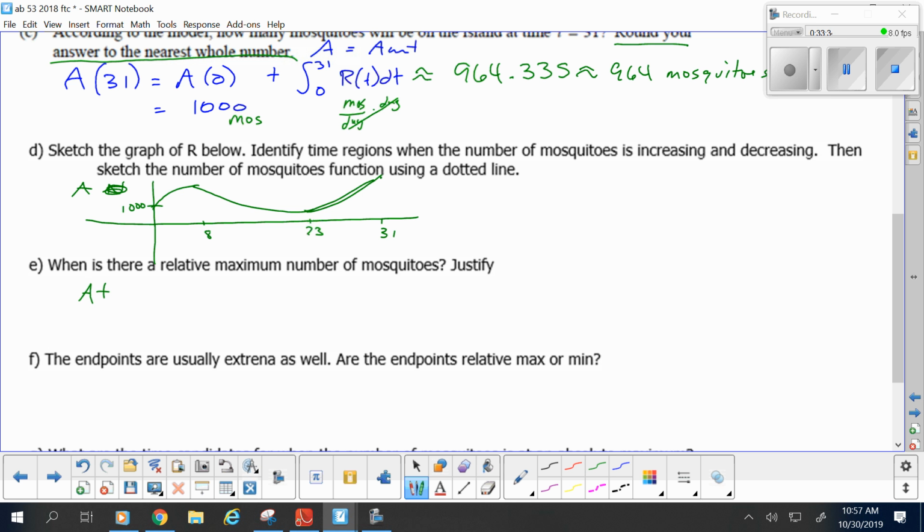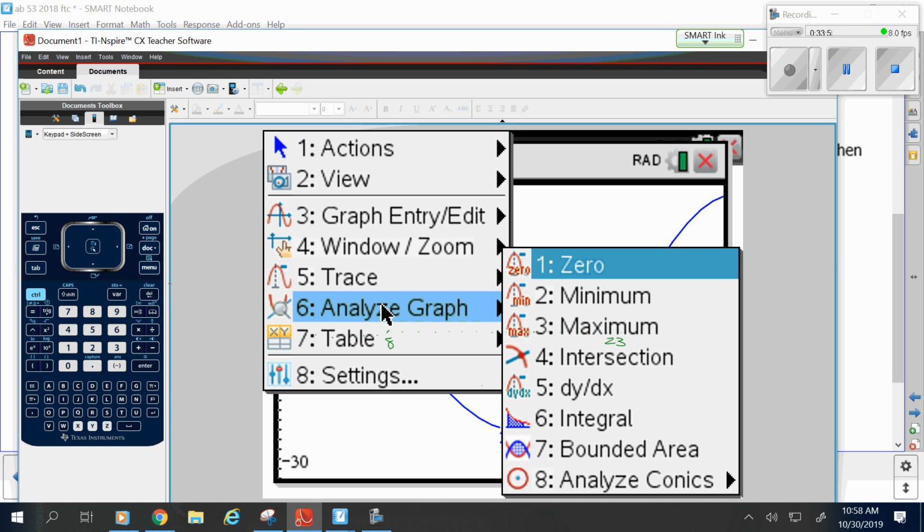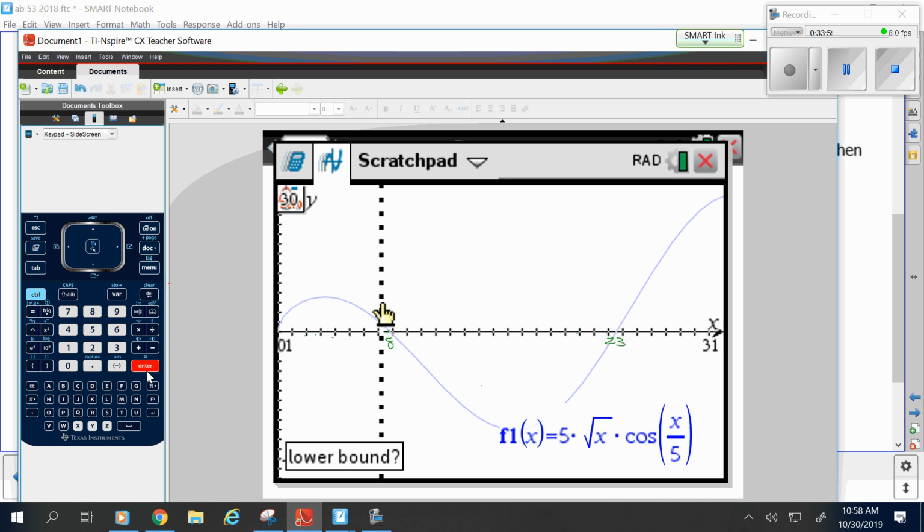At time equal, we're going to need to find that time. It's not going to be enough to say, oh, about this time. So you find that relative max by using what function in your calculator? The zero on this. I don't need to find the max of the rate. That's when it's growing the fastest. I want that 0. So go to the 0 function in analyze graph. And my calculator doesn't do this well.